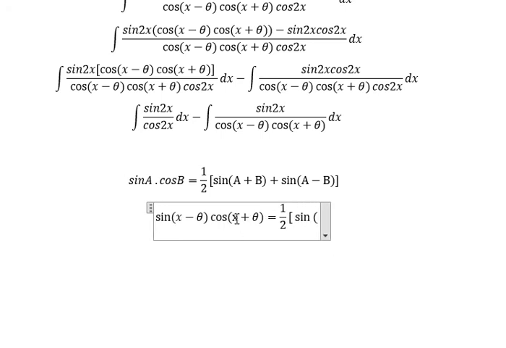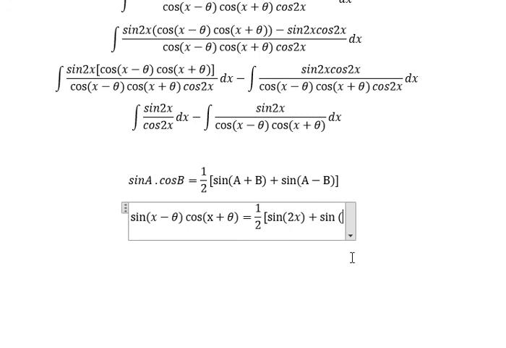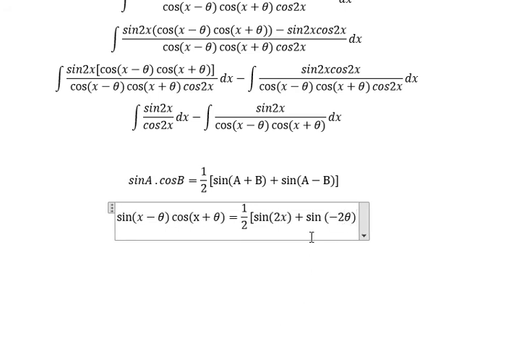A, B, so S plus S, you got 2S. Later that we have sine this one minus this one, so you got negative 2θ. So we have negative in here, we put in here.